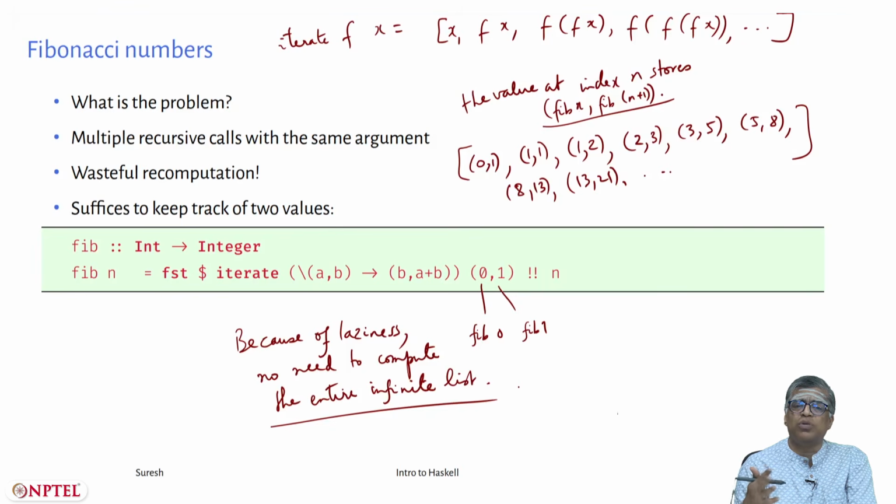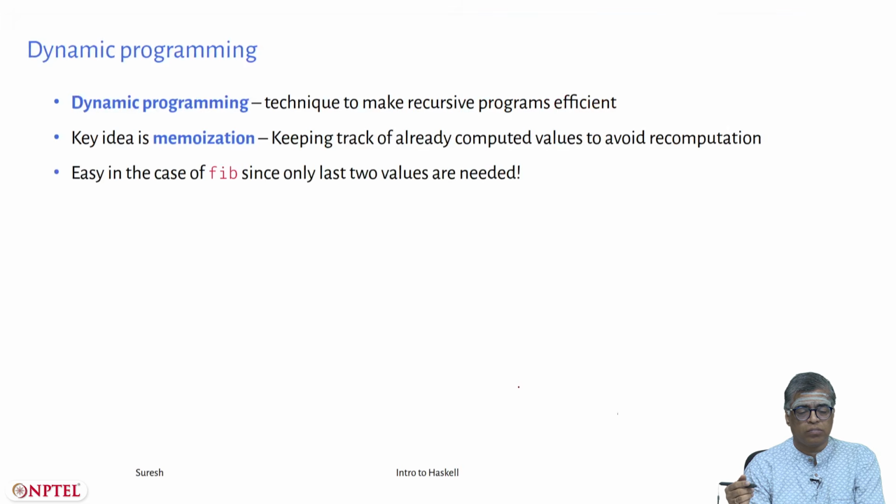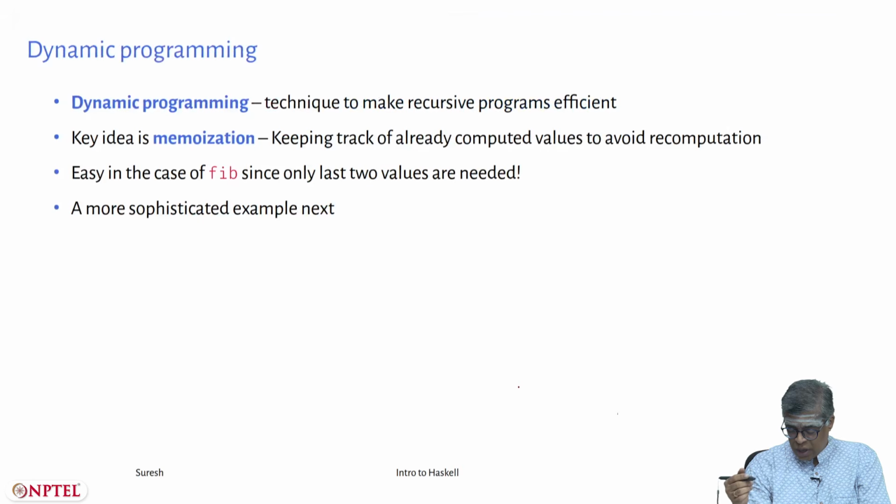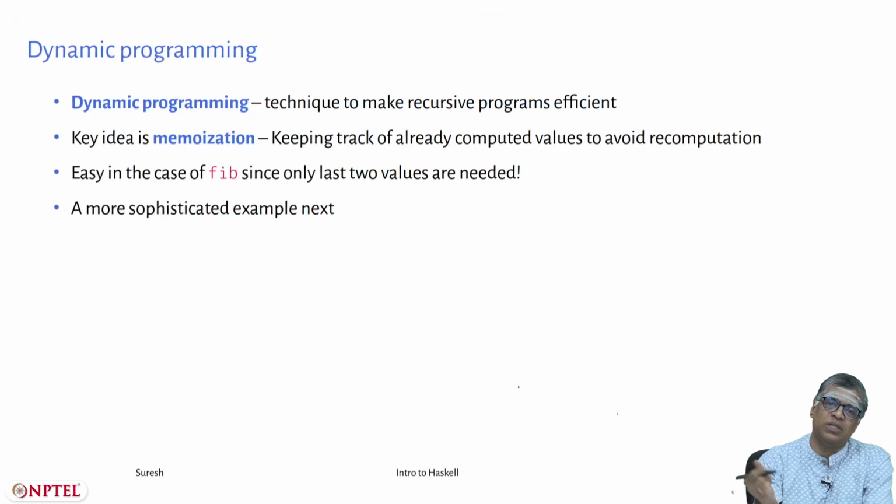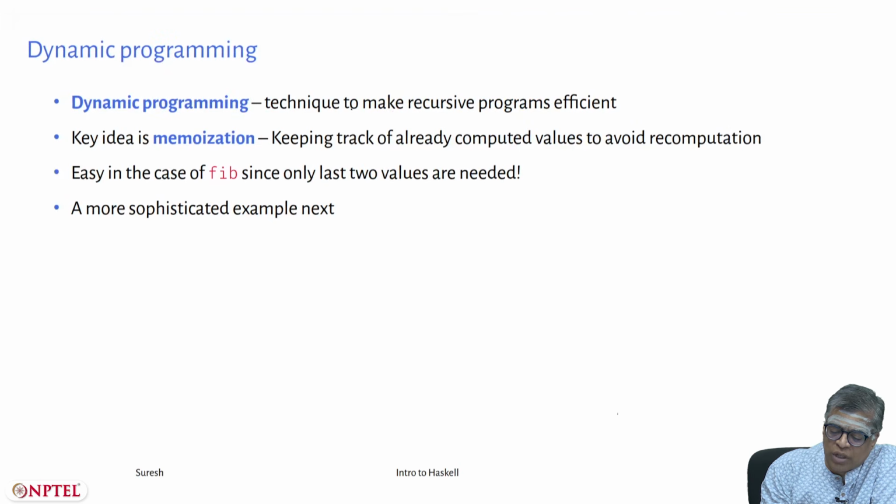So this is a smart idea you can use in the case of Fibonacci numbers. We will see that we can use a similar idea to get around this problem of wasteful recomputation in other examples as well. But before I go to the other examples, the point is that we are looking at dynamic programming, which is a technique to make recursive programs more efficient.